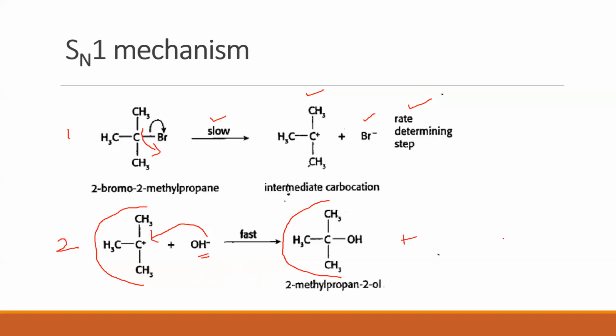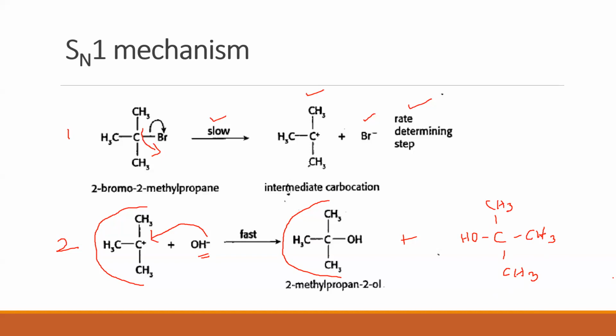Now, how will the second product be? I'll have the halogen, carbon, OH, and the three groups which are here. Which are the three groups? CH3, CH3, CH3.